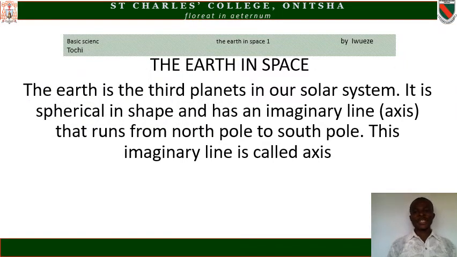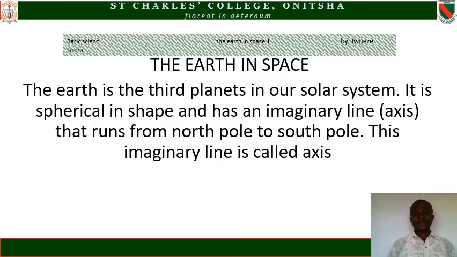The Earth in space. The Earth is the 3rd planet in our solar system. It is spherical in shape and has an imaginary line that runs from North Pole to South Pole. This imaginary line is called axis.